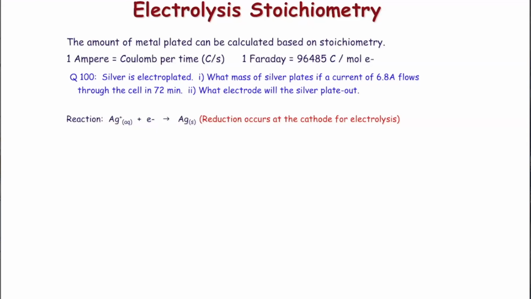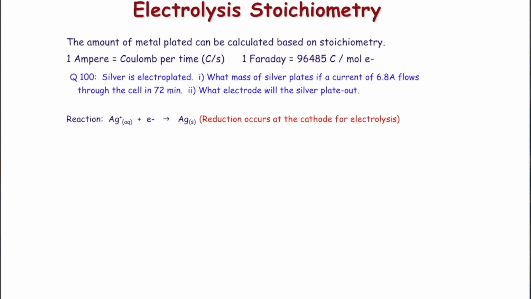This is a problem where you're doing electrolysis, and of course electrolysis is going to be a non-spontaneous reaction. So what you need to do is make sure that you have a power source to drive that reaction, okay? And the thing you want to always do in these types of problems is break it down to what you know.